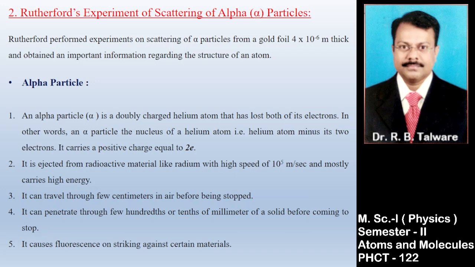Because it is a doubly charged helium atom. Then second, it is ejected from radioactive material like radium with a high speed of 10 raised to power 5 meter per second and carries high energy. That's why we use the alpha particle.